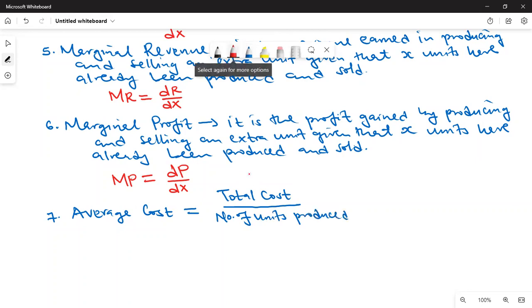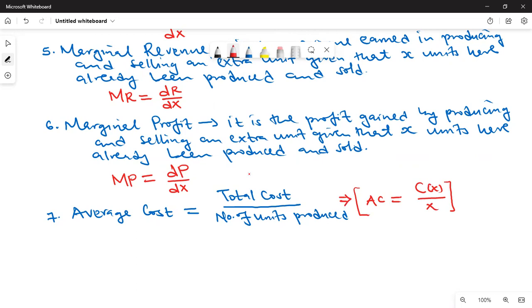So that simply means that average cost is equal to the total cost, which is C of X, over X. So that is the formula. In some books, you'll find them using C of X bar.